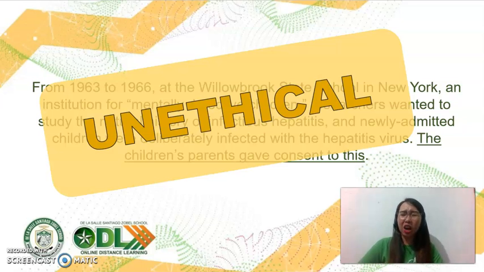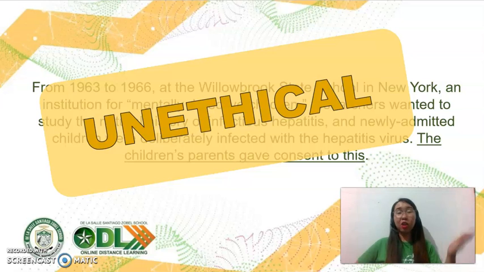Okay, unethical still, because children are part of the vulnerable population, which we'll be talking about later. They cannot speak for themselves, and even though their guardians managed to provide consent, still the part where the researchers had to inject the actual hepatitis virus breaks the very principle of non-maleficence, or the do no harm principle.